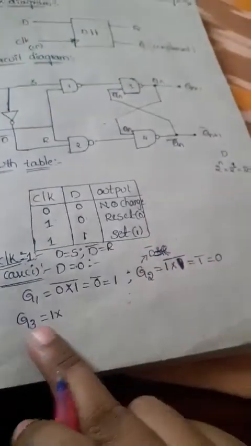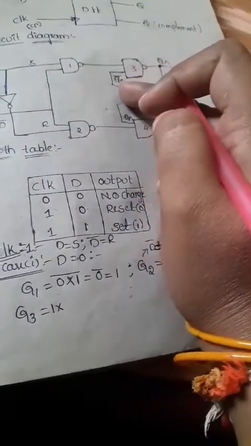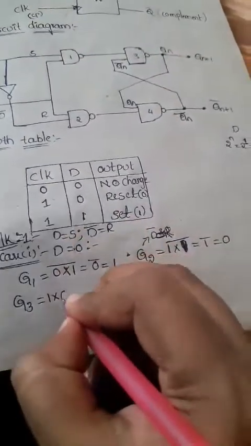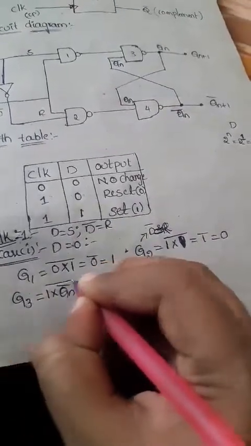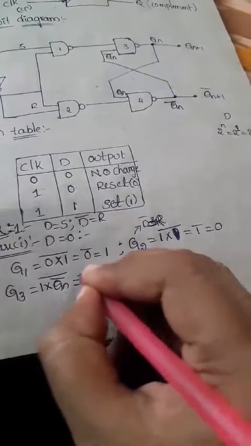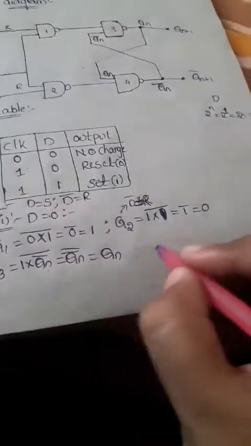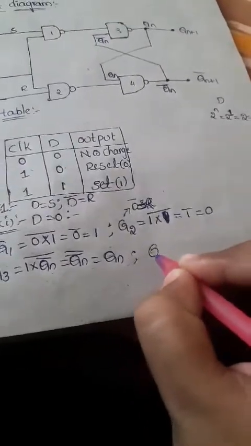Now we will substitute the inputs in the third gate. One is the gate 1 result and another one is Qn complement. So 1 into Qn complement is Qn complement, and the whole complement we are having, so that is nothing but Qn. Now coming to the next one, the G4 result.